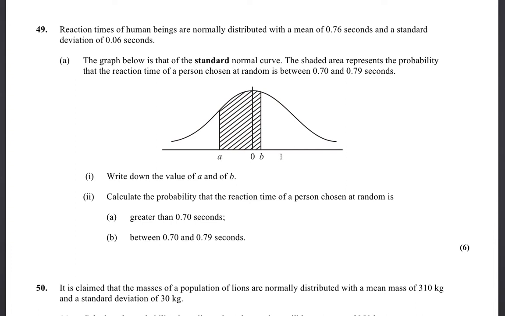So how do I find that? We know that Z equals X minus mu by sigma, right? So that means A equals 0.70 minus 0.76 by 0.06.